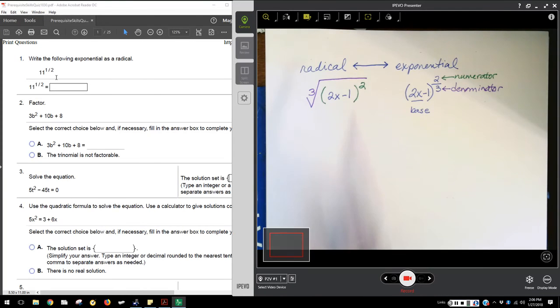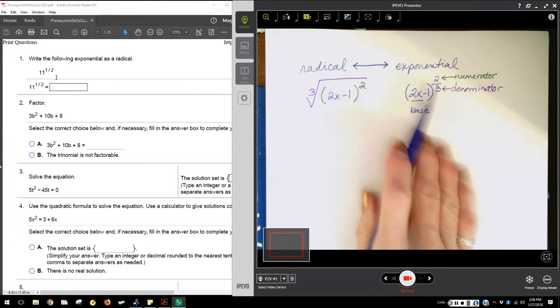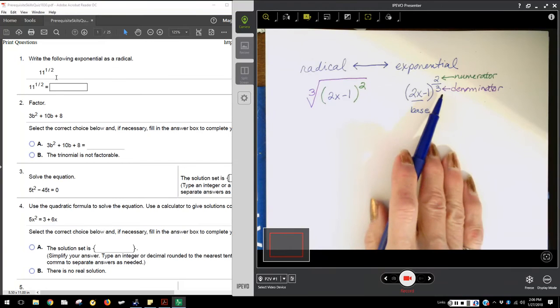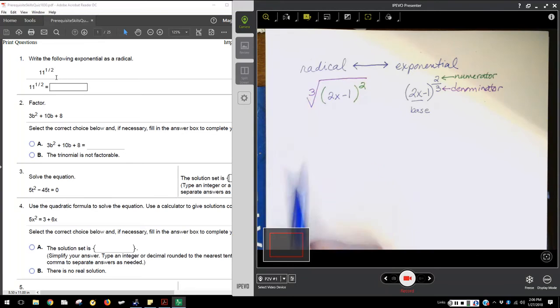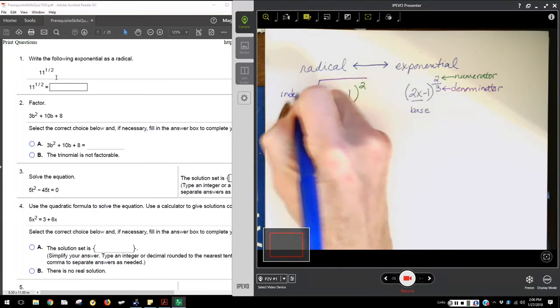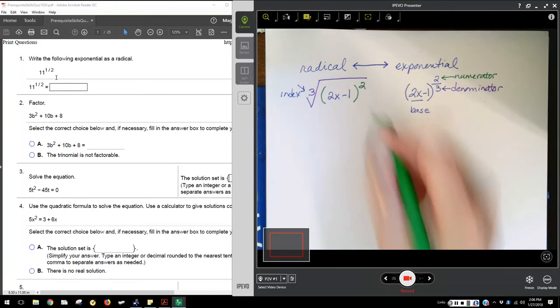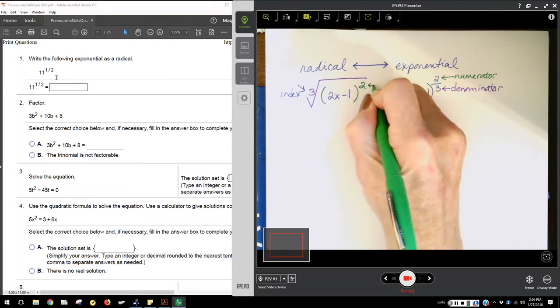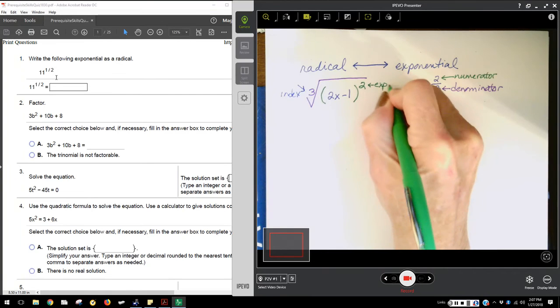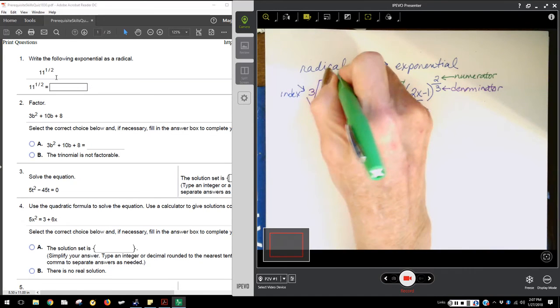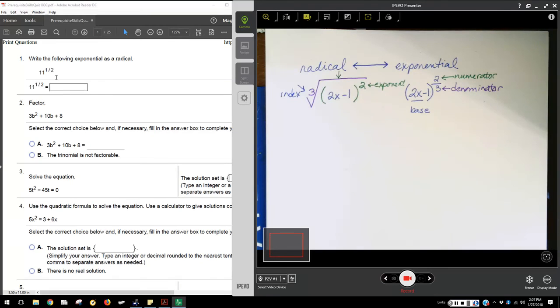So what we see is that when we're going from exponential to radical form, then the denominator of the fractional exponent, which tells us it's a radical expression, becomes the index on the radical. And that the numerator becomes the new exponent. And it's now a whole number, but it's underneath the radical. And that box is the radical.